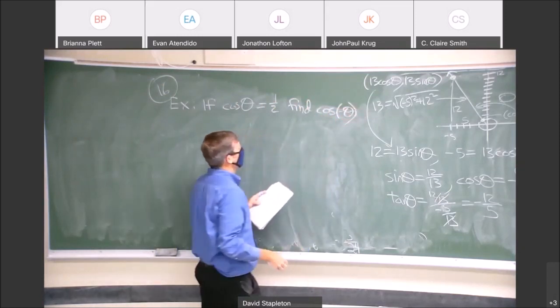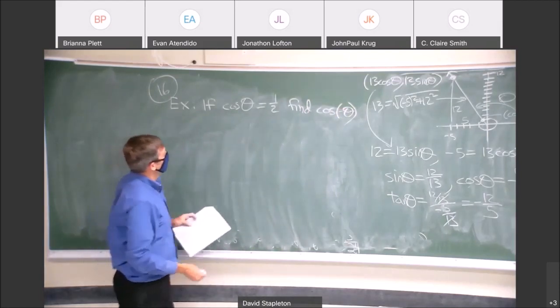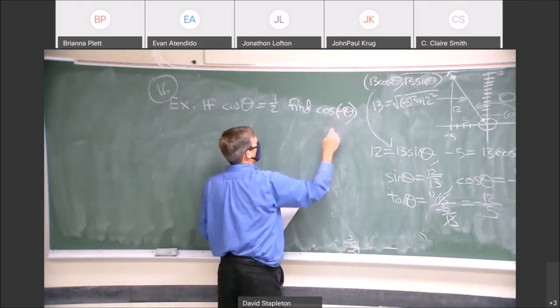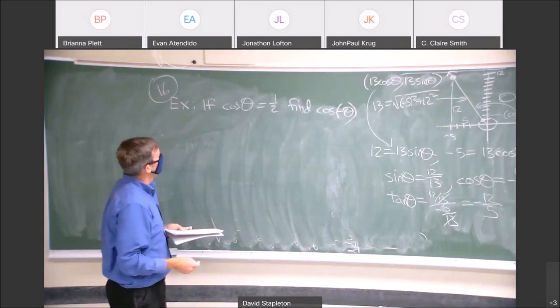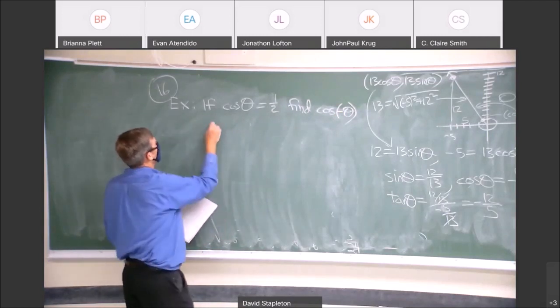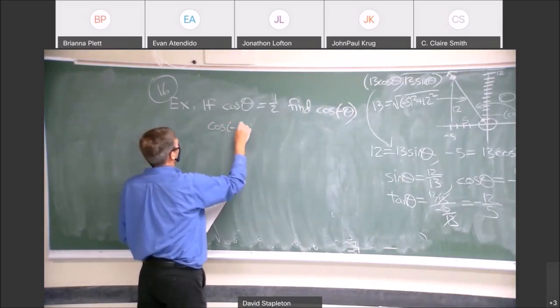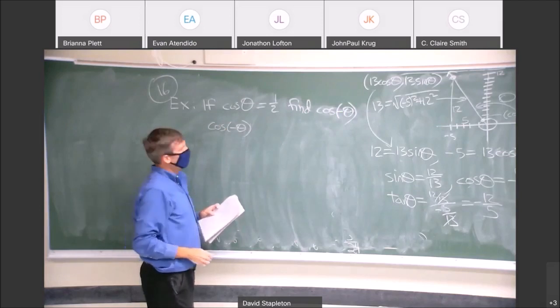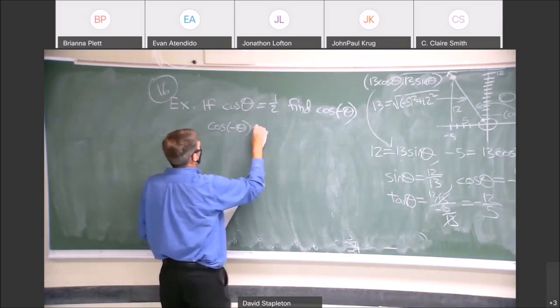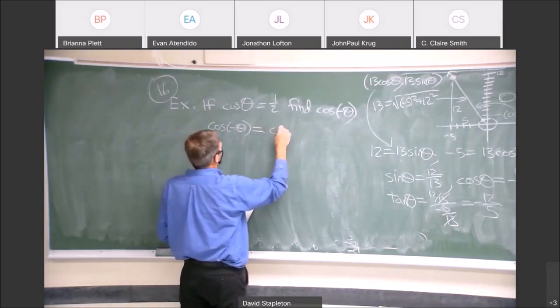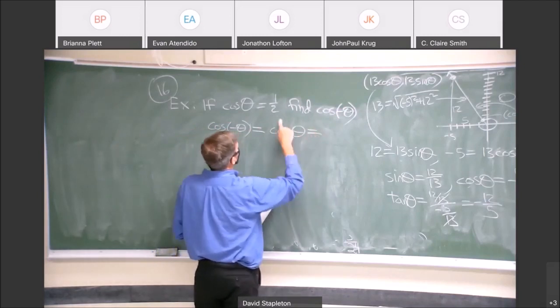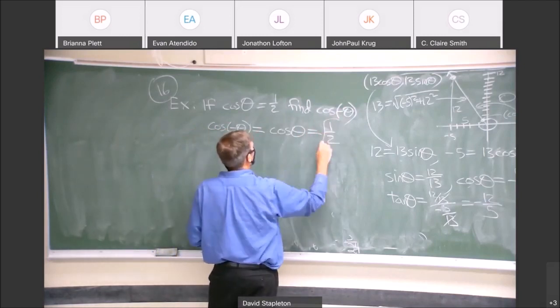How about that? Whenever you know a sine or cosine of plus an angle, you can do the minus one also. This one's really easy. Remember the cosine is an even function, the minus goes away. So it's just 1/2 also.